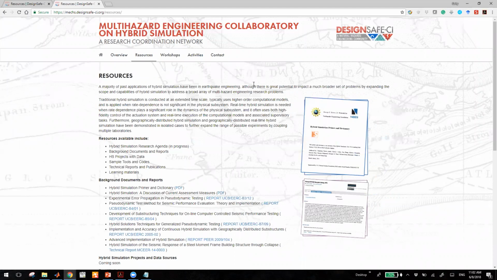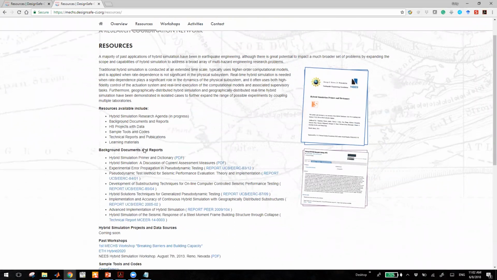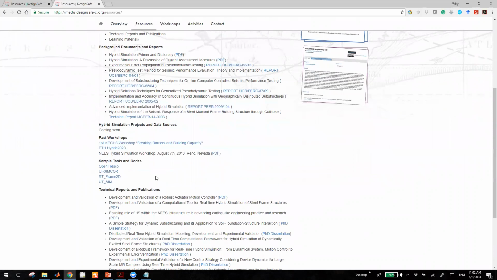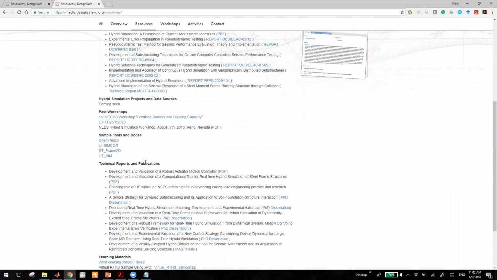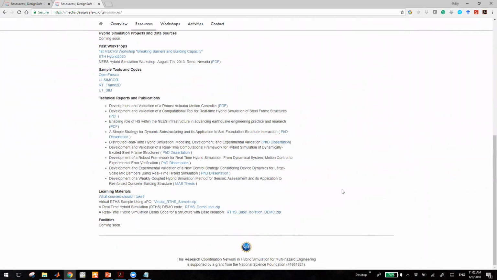This is the overview of the MECHS resource website, and it includes background documents and some reports from past workshops specific to the hybrid simulation community. There are also some sample tools and code, and technical reports and publications contributed by a variety of users and developers. I would also like to suggest some learning materials.